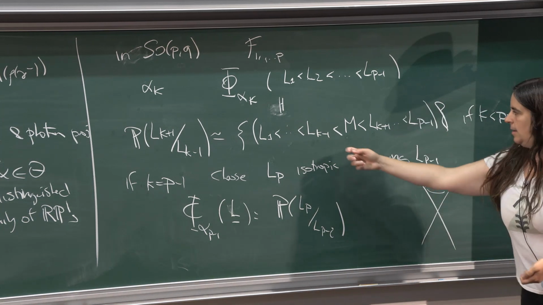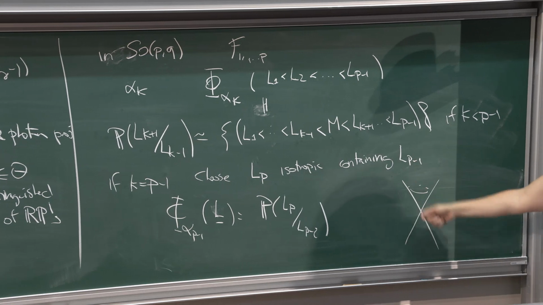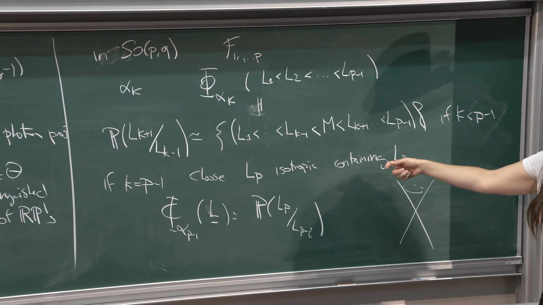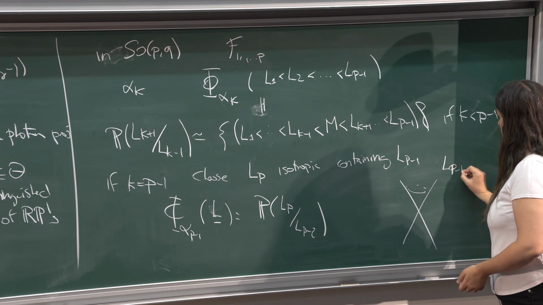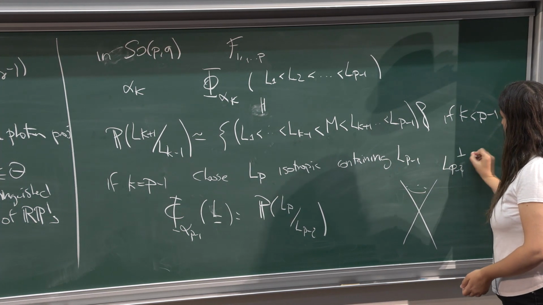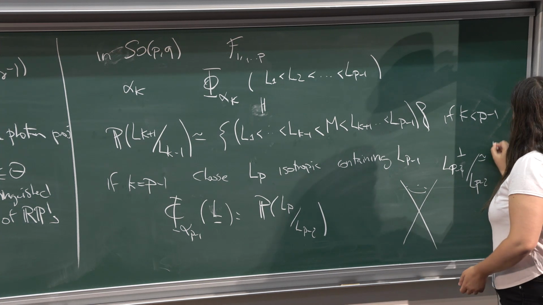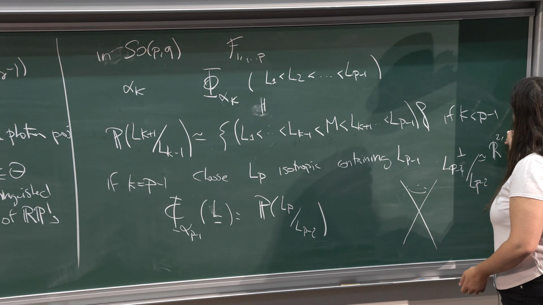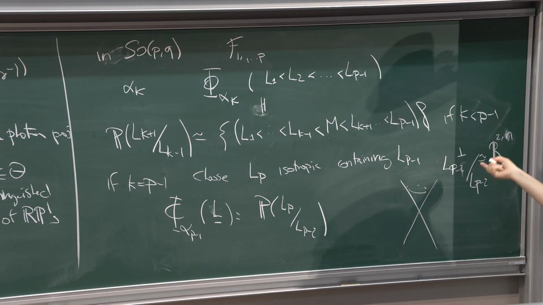So this LP is really like one line in this, if I think of this as LP minus 2 perp over LP minus 2, this is R2n for some n that you can compute easily.